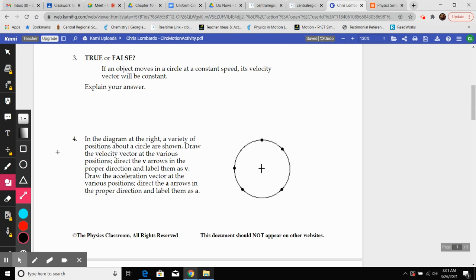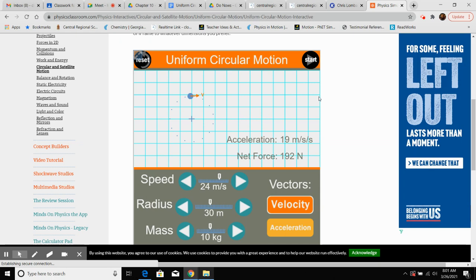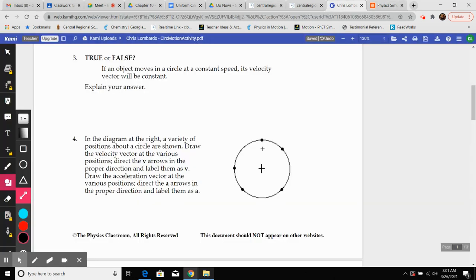Solid enough. Now, we're going to say that just like in the simulation, this thing is rotating clockwise. So you can do one of two things. You can go to the simulation and pause it at approximately these different points here, or know that we're going around clockwise.